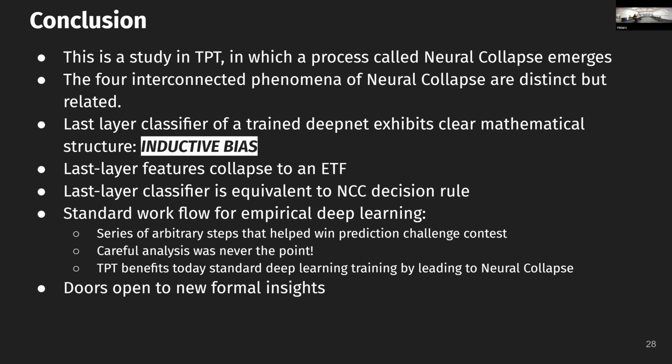So this paper is really looking at this terminal phase of training, and they claim that neural collapse is really where that occurs in abundance. It had these four principles that I think aptly describe this phenomenon.